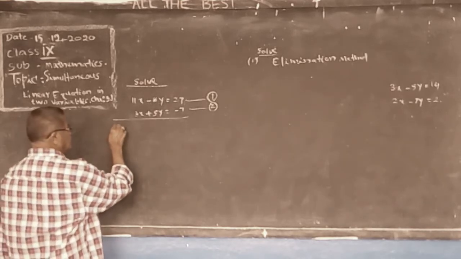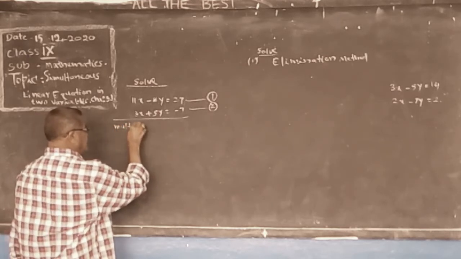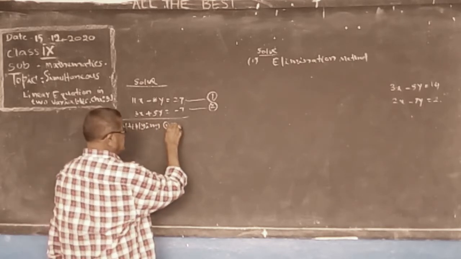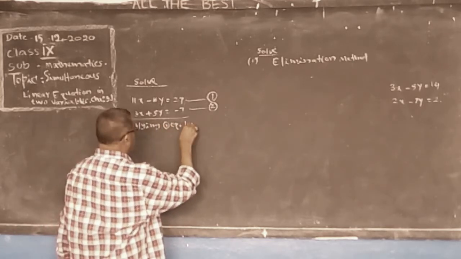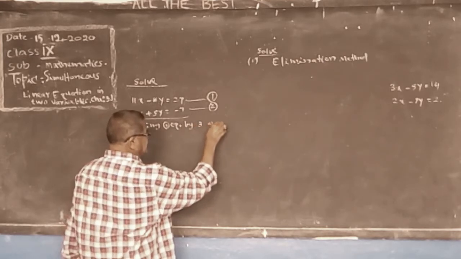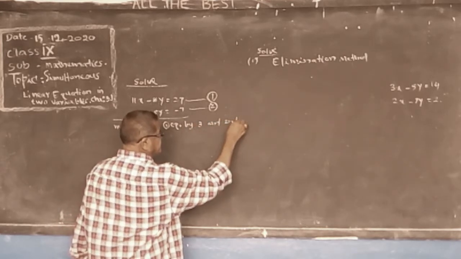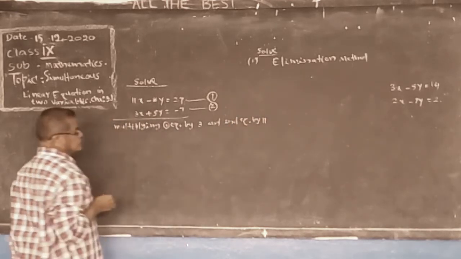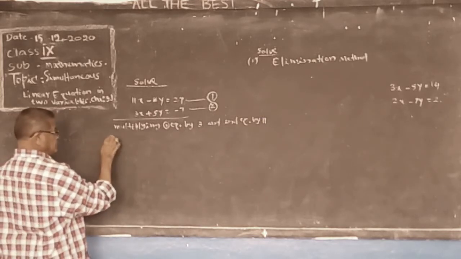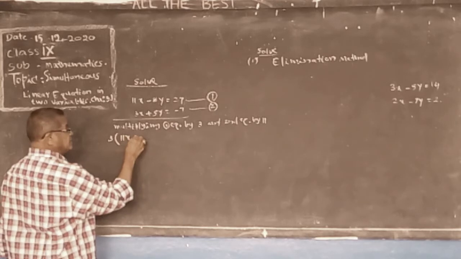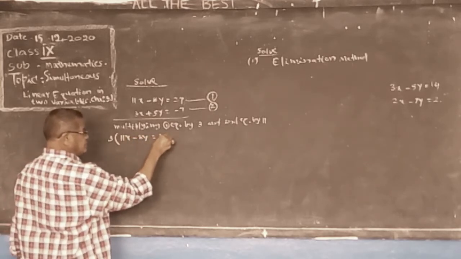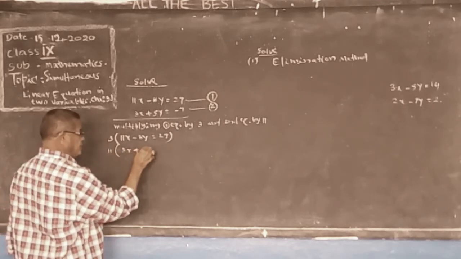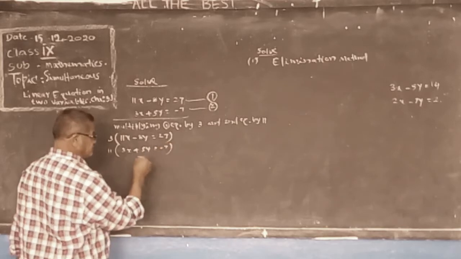Now, multiplying the first equation by 3 and the second equation by 11. See, 3 of 11x minus 8y is equal to 27, and 11 of 3x plus 5y is equal to minus 7.